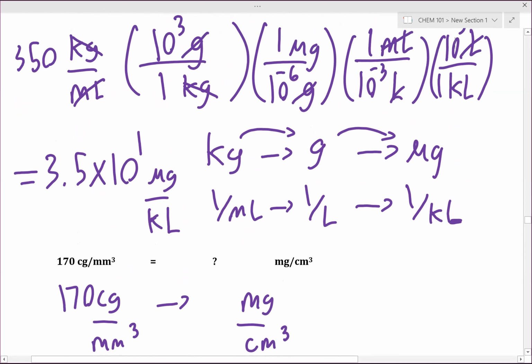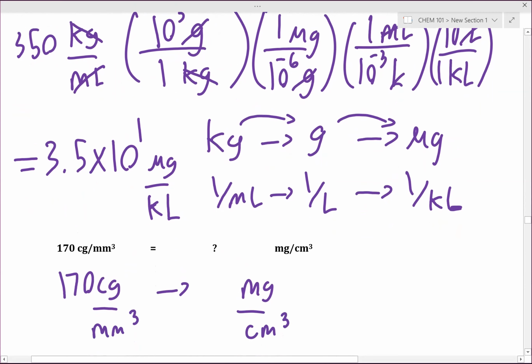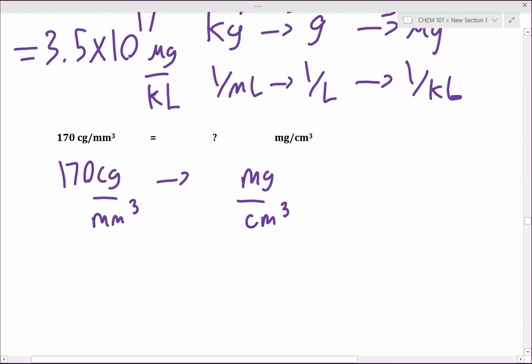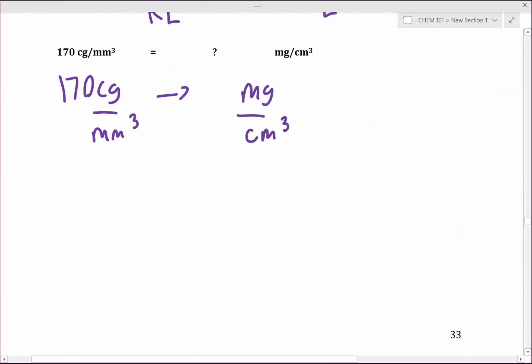I have 11, 14, 17. No, it's correct. Who was the other answer? I was just trying to see what was happening with someone's roots. Let me check that one more time.